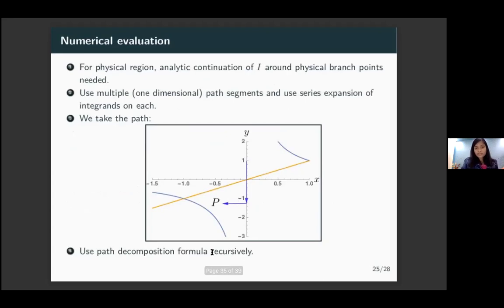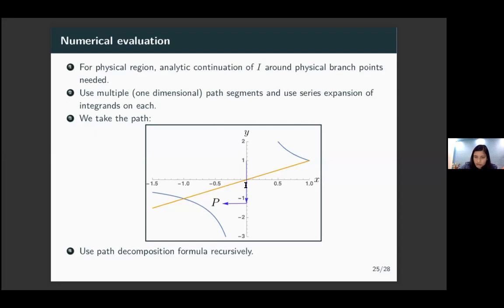For physical points, in this graph, the region where the point P is is where my physical point is. I am starting from x0, y1, and I want to go to any physical point here. I can choose, for example, this path. Because it's a bit too far, you cannot just use one expansion; you have to choose multiple path segments.